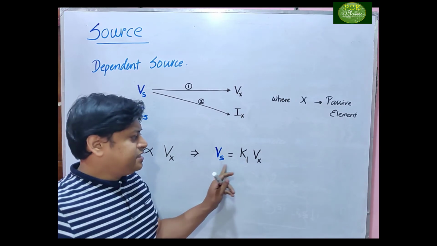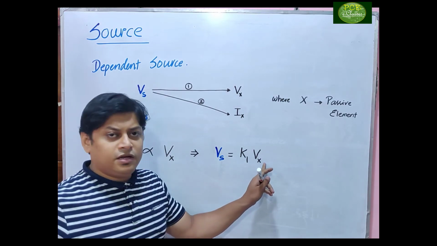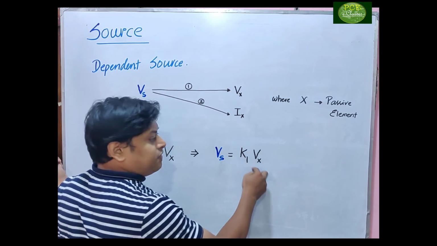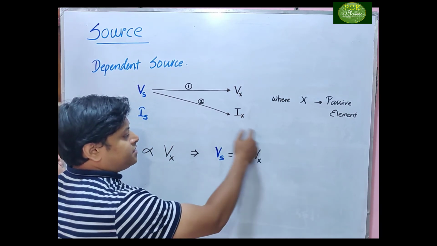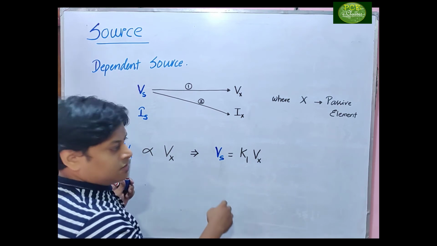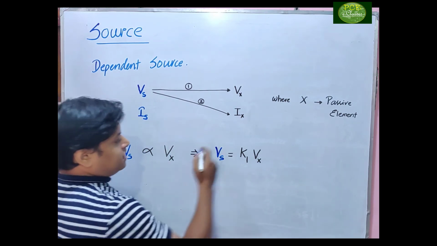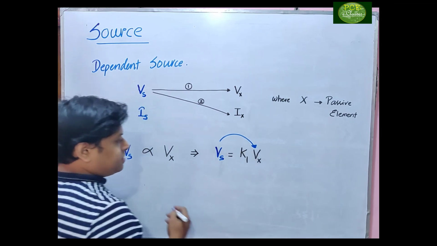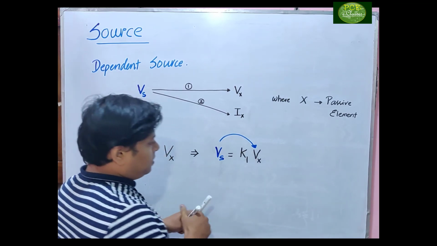Fine. Vs is equal to K1 times Vx. That means unless we know Vx, we cannot find Vs. So what type of source is it? It is dependent on voltage. So what type of source will I write down?